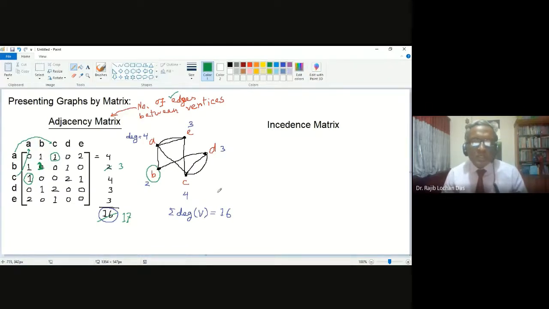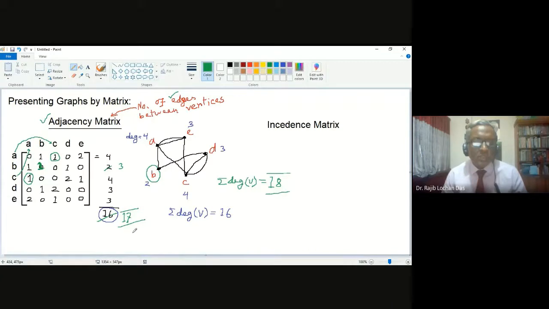In this case, if you have a loop, the degree summation will be 18 and the adjacency matrix summation will be 17. So this is one difference.